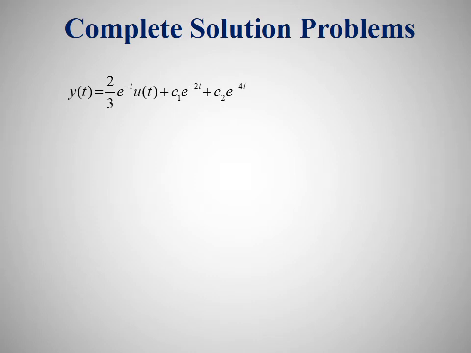Hence, the complete solution is going to look like this: 2 by 3 e power minus t u of t, which is the particular solution case, and c1 e power minus 2t plus c2 e power minus 4t, which is the homogeneous solution case.